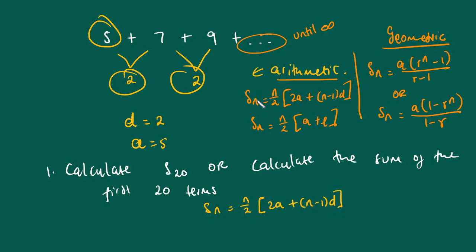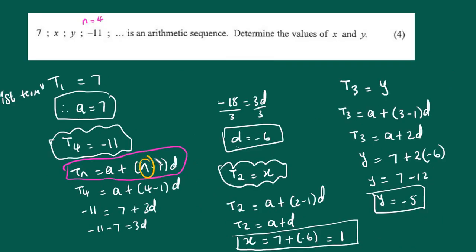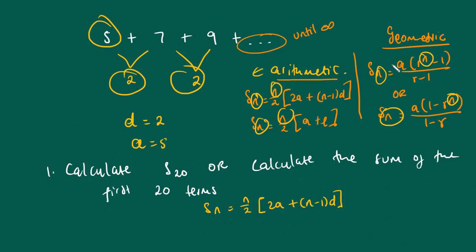Now it's important to understand that the n that you see on these sum formulas is no more the same as the n that we had when we were talking about Tn. That n is the position of the term, to say where is the term. But now remember that this n is talking about how many terms you are adding.